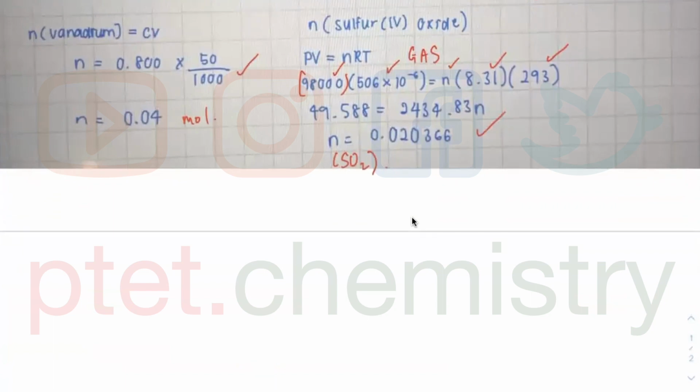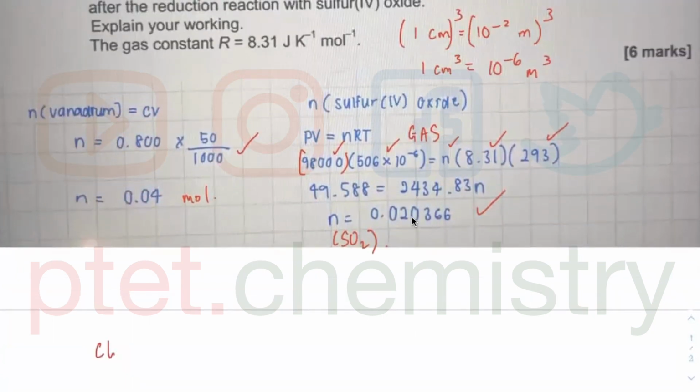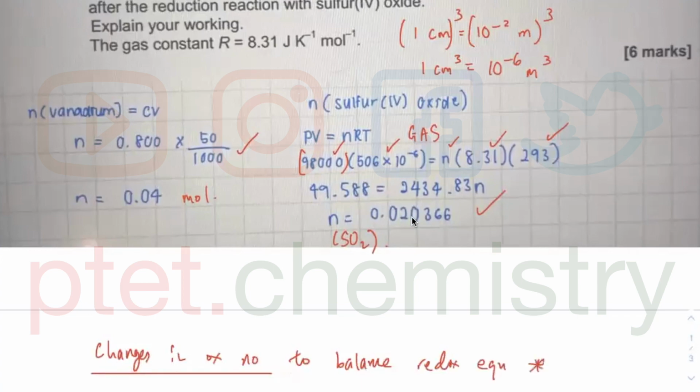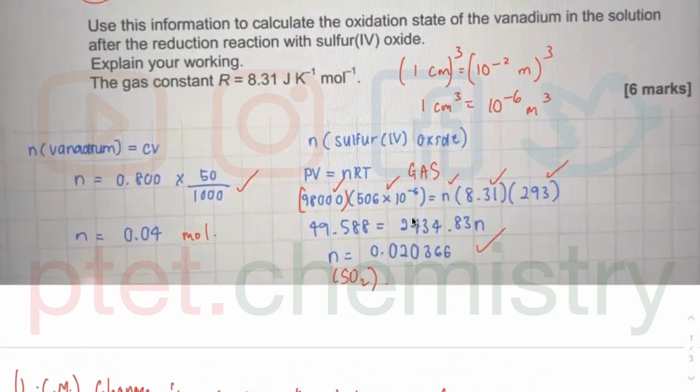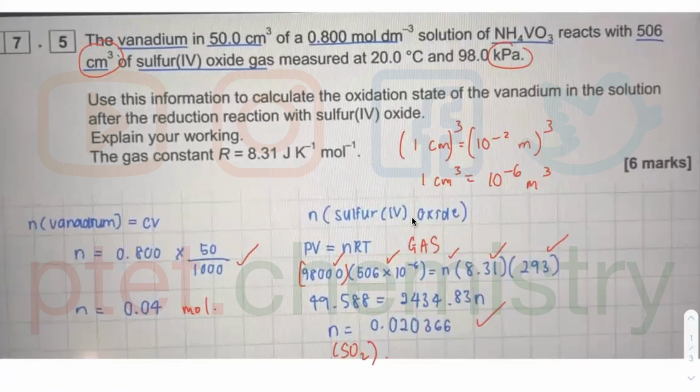Now, we need to use changes in oxidation number to balance redox equations. I think I showed you this before. These changes in oxidation number must be balanced. In primary school, you call this lowest common multiple. So what do we have? We're going to reduce the vanadium. This is VO3 minus because it's NH4 plus, VO3 minus in the question.